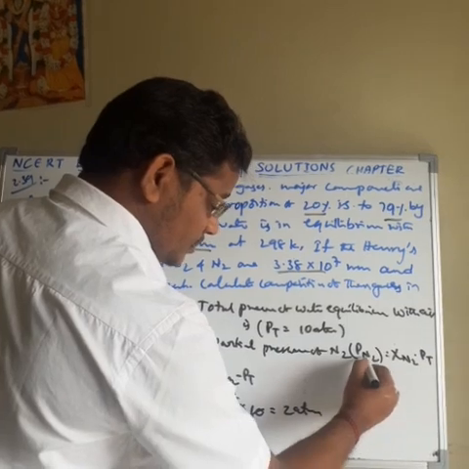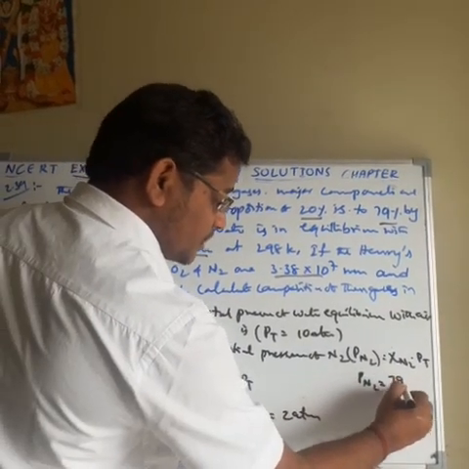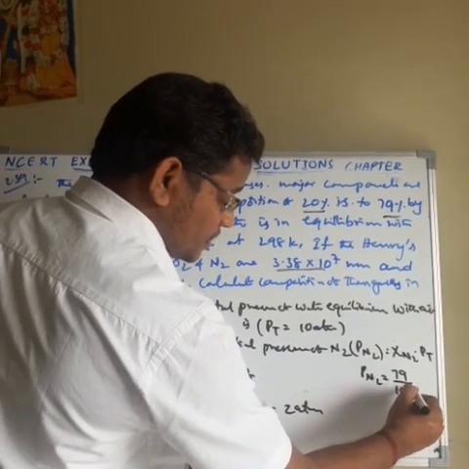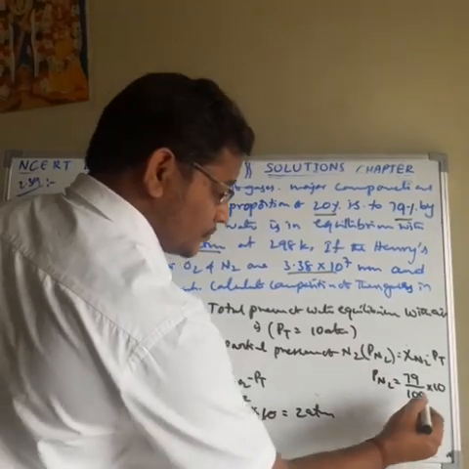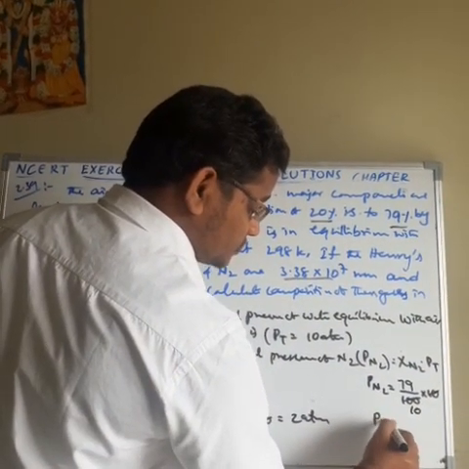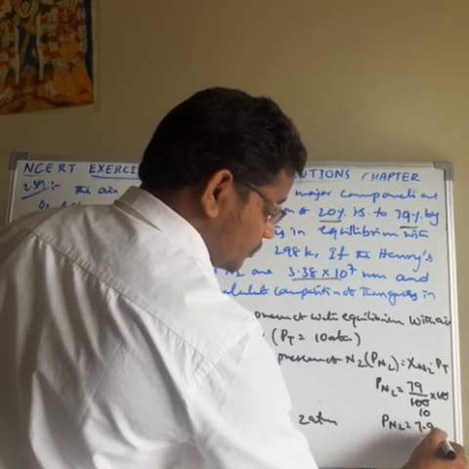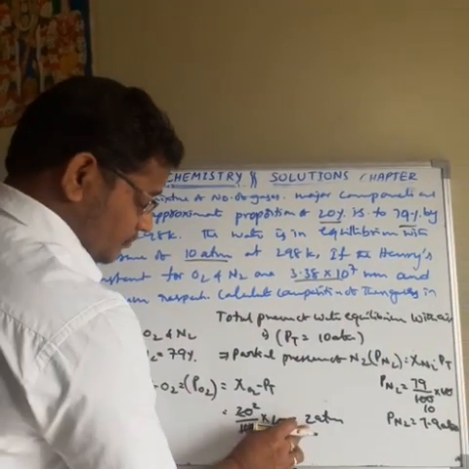Using this formula, the partial pressure of N2 is 79% by volume, 79 divided by 100, times 10, the total pressure of the water. Then the partial pressure of N2 is equal to 7.9 atmosphere. But here the values are given in atmosphere.